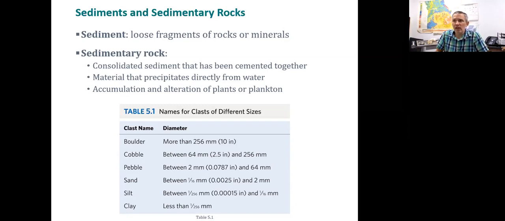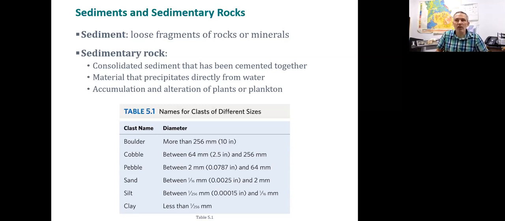You can see the scale there is 1/16 of a millimeter to 2 millimeters for sand. You may think that's a really weird number. Why are we stopping at 1/16 of a millimeter? This is what our fingers are really adept at feeling, and that's why that number was chosen. Smaller than 1/16 of a millimeter down to 1/256 of a millimeter, we have silt.